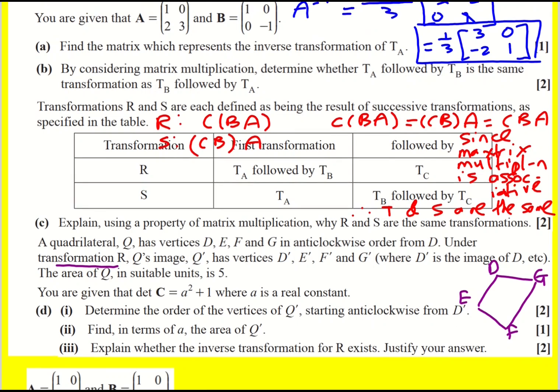So what I need to look into is the determinant of this CBA. Now, there's a little fact that you should be familiar with: if you find the determinant of 3 matrices multiplied together, it's the same as the determinants found separately multiplied together.